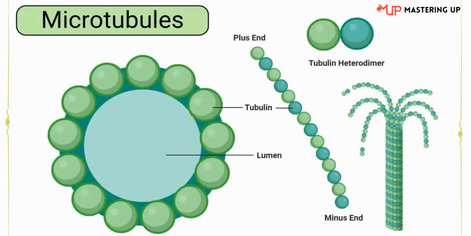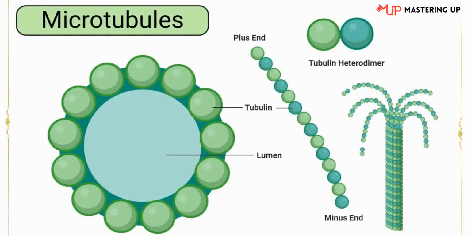Microtubules also exhibit a property known as dynamic instability. This means they are constantly growing and shrinking by polymerization and depolymerization of tubulin subunits.